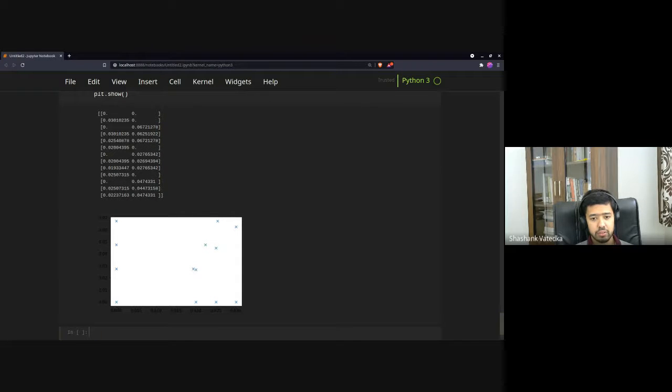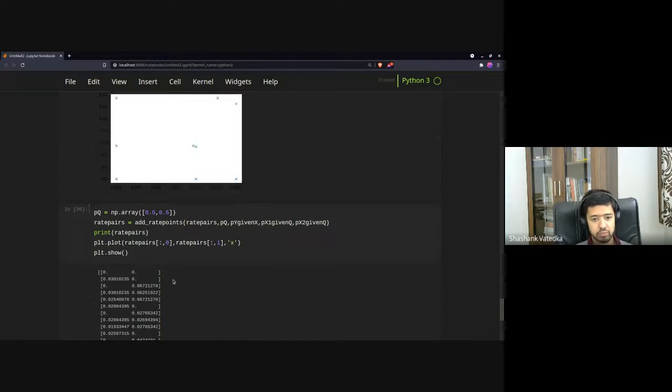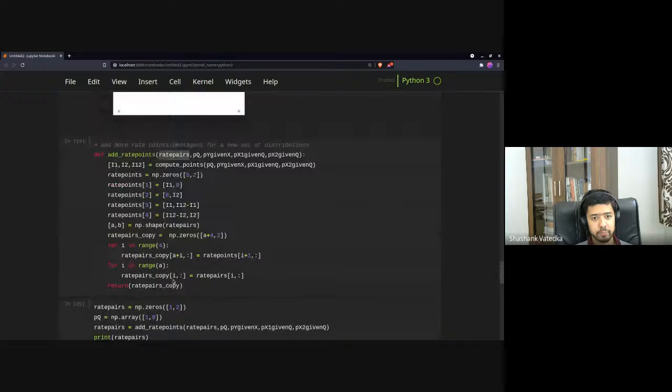All right. Now, what I can do is something better. I'll vary over all possible PQ, PX1 given Q, PX2 given Q, and see what the set of points is going to look like.